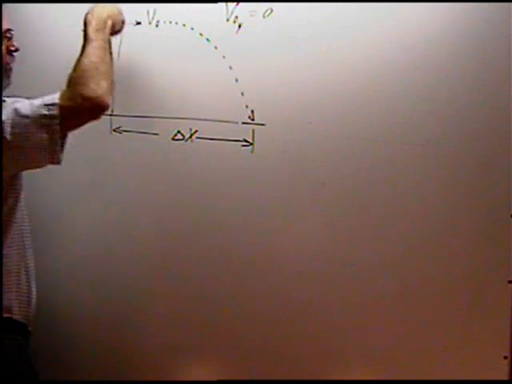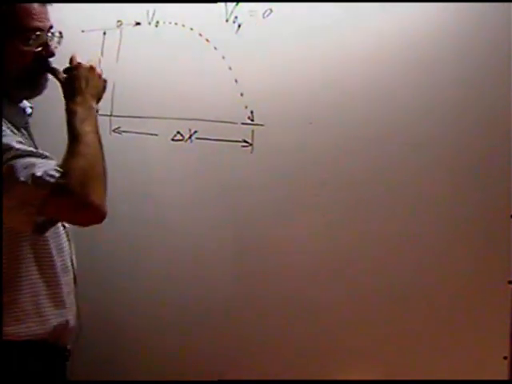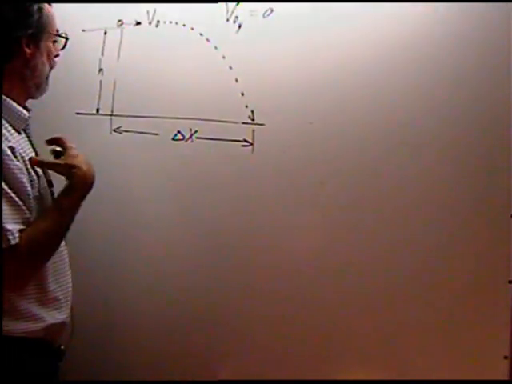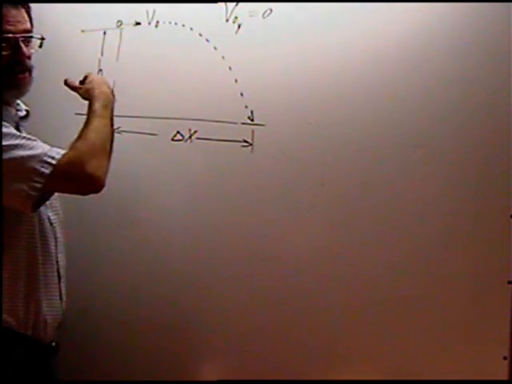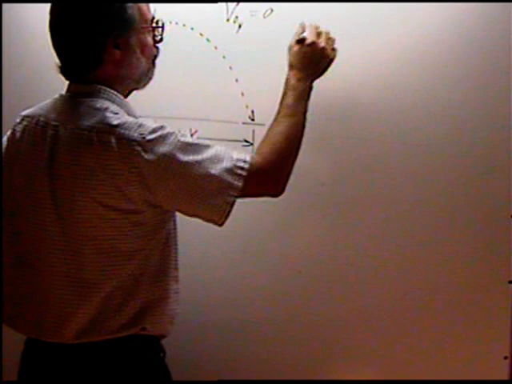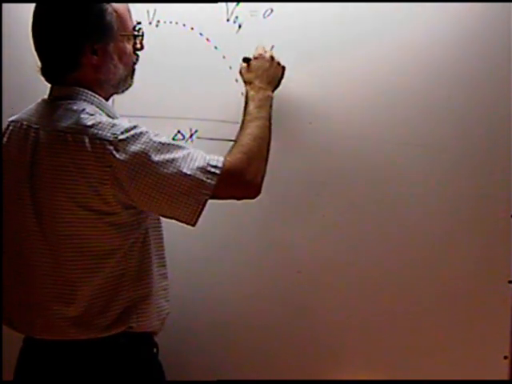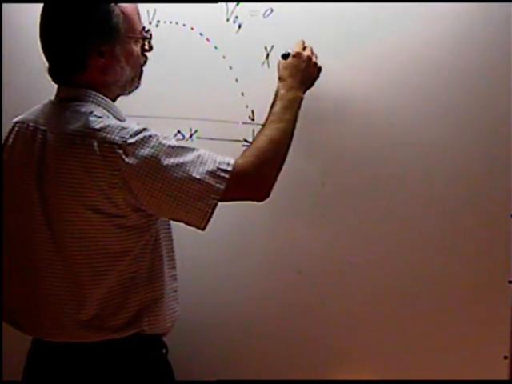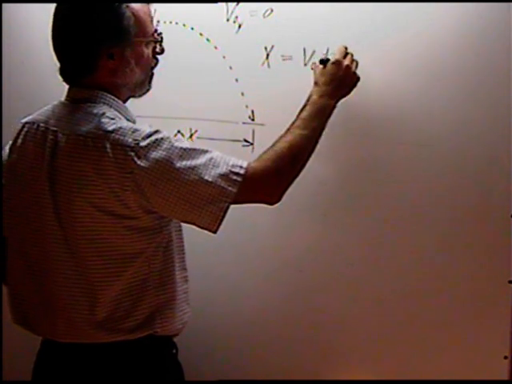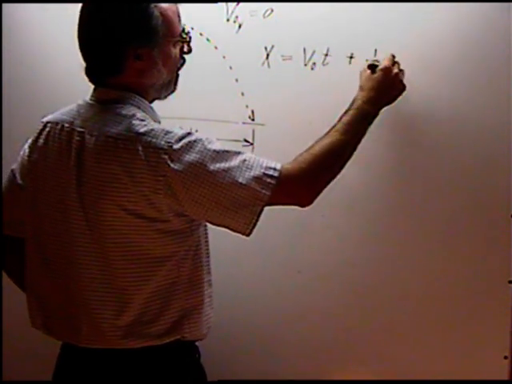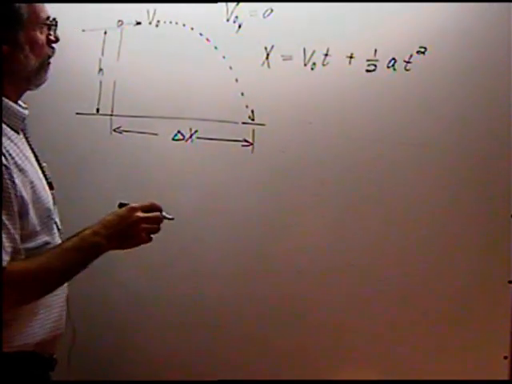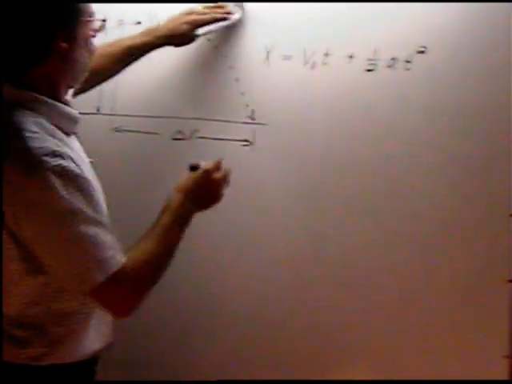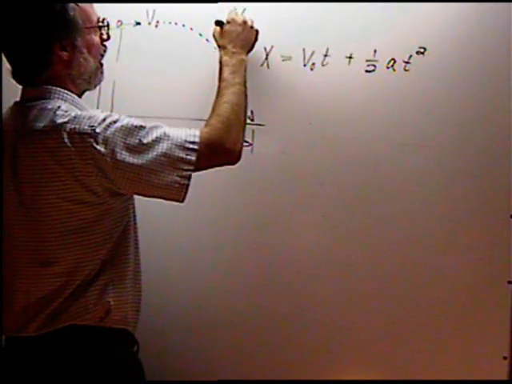So in fact, we can use that very nicely to our advantage to solve for the time. Think of this equation, the equation that says x equals the initial velocity times time plus 1/2 at squared. We're going to take this equation and look at it in the y dimension.